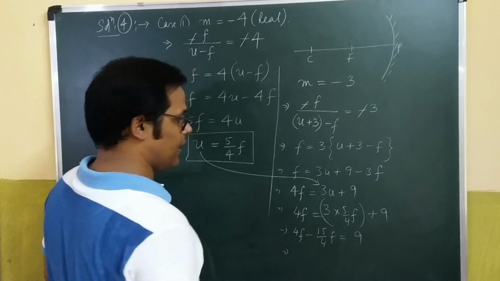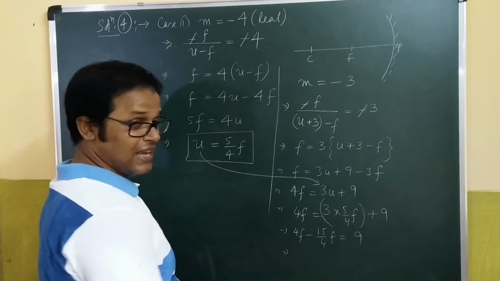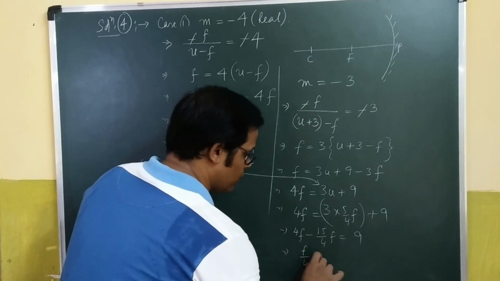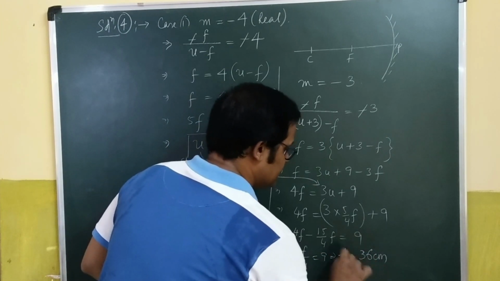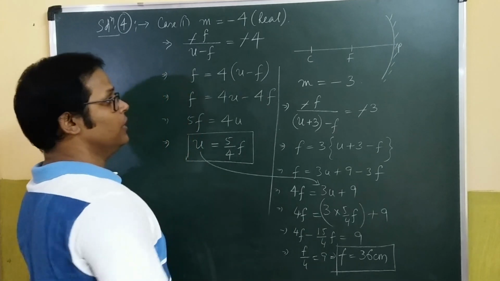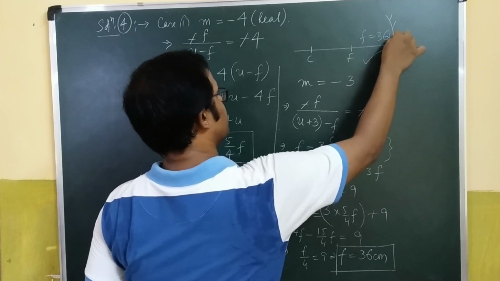So hence I find 16 minus 15, how much is that? If I take LCM, f by 4 equals 9, hence focal length is equal to 36 centimeters. Is that visible to all of you? Absolutely. So the focal length of this mirror is 36 centimeters.